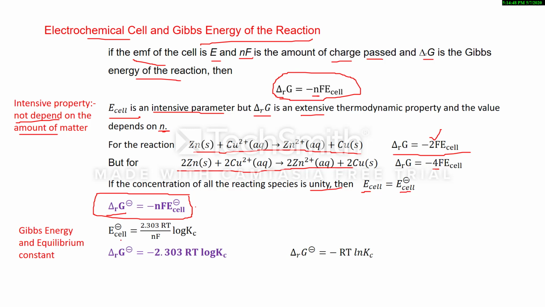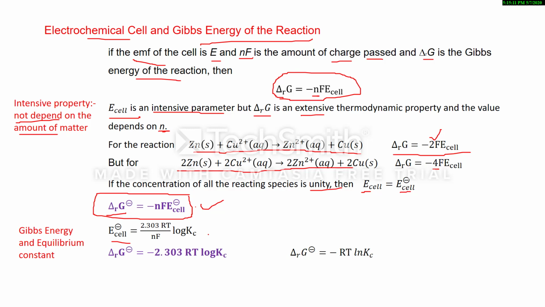Now we can find the relation between delta G and the equilibrium constant. We already discussed that E standard cell is equal to 2.303 RT by nF log Kc.